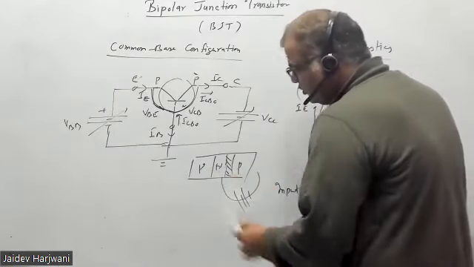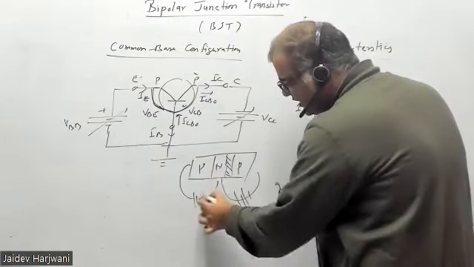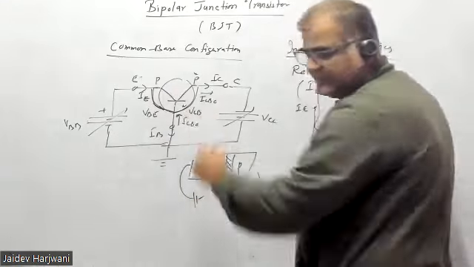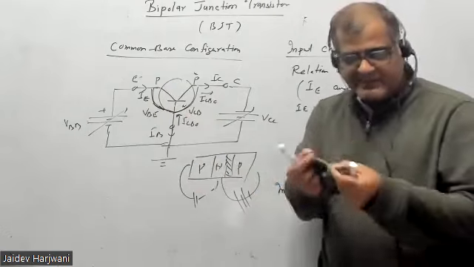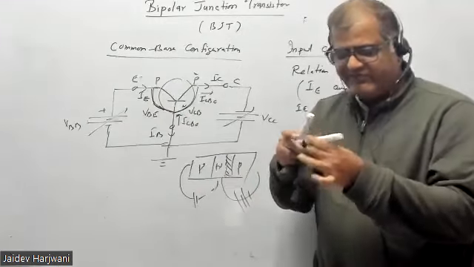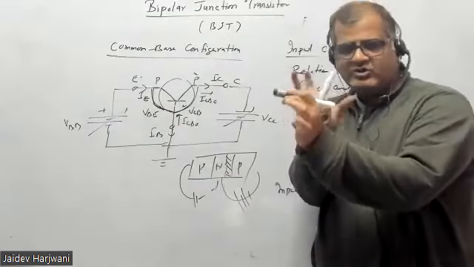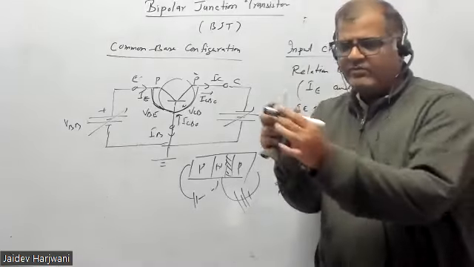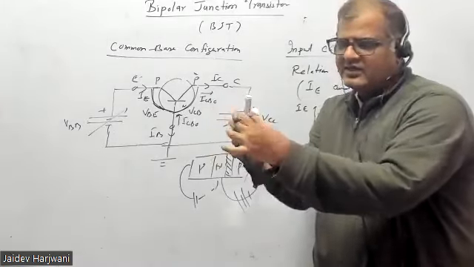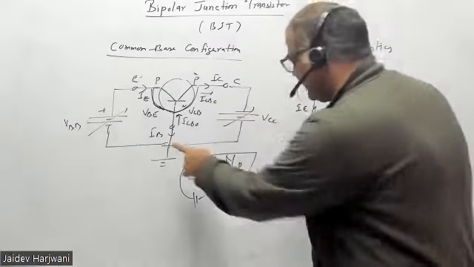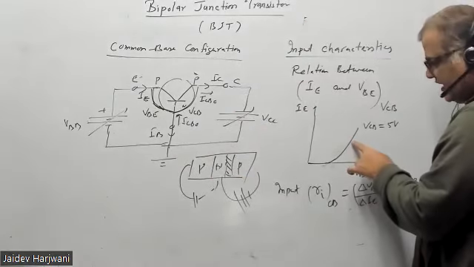Now you require less VBE to attain the same IE, because the width and resistance have decreased. Earlier the junction was this big, so you were applying some voltage, 0.7. Now because the width has decreased, you require less voltage to attain the same amount of current IE.